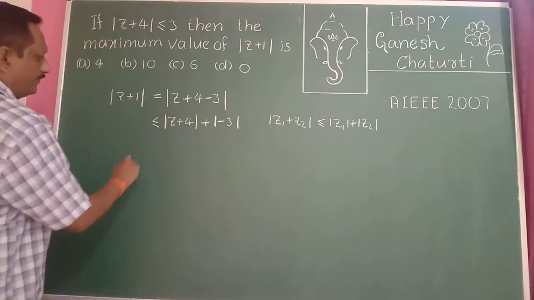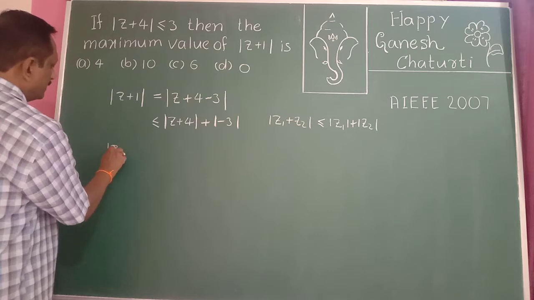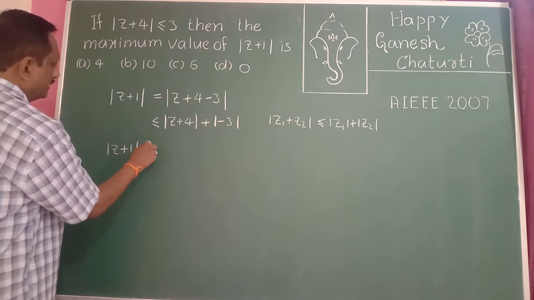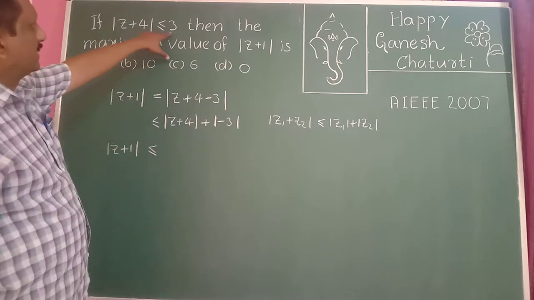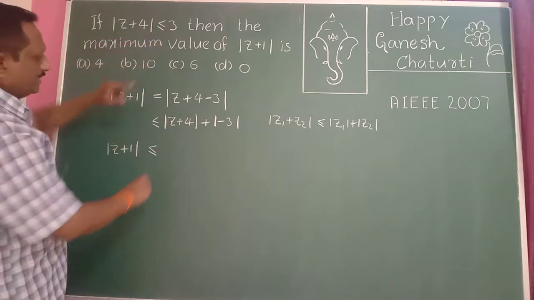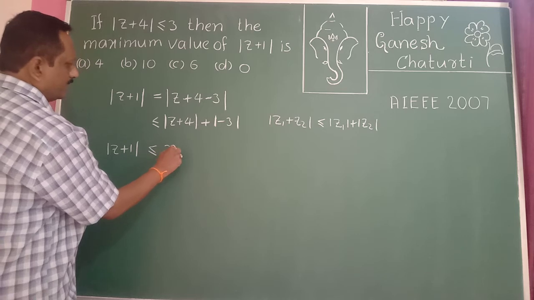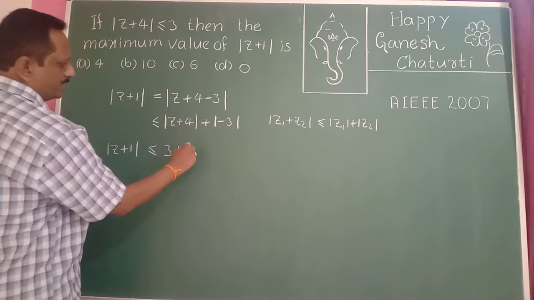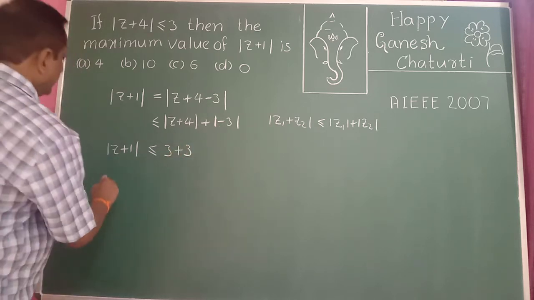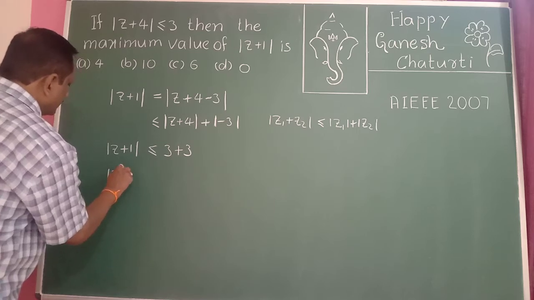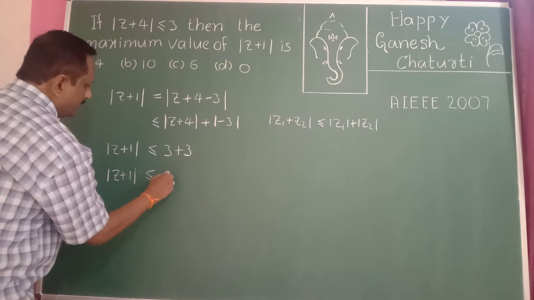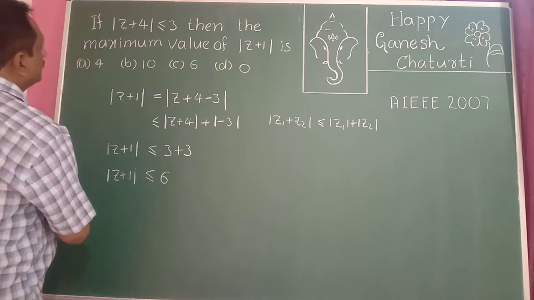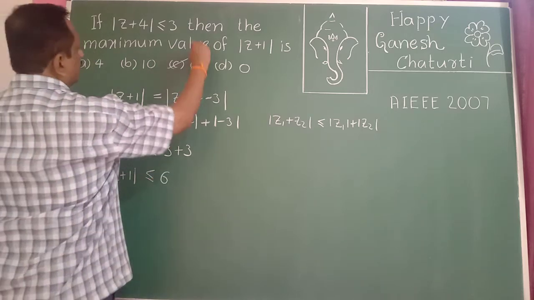Therefore modulus of z plus 1 is less than or equal to modulus of z plus 4, which is already given as less than or equal to 3, so obviously it is 3 here, plus modulus of minus 3 is 3. Yes, modulus of z plus 1 is less than or equal to 3 plus 3, which becomes 6 here. Therefore C is the correct option.